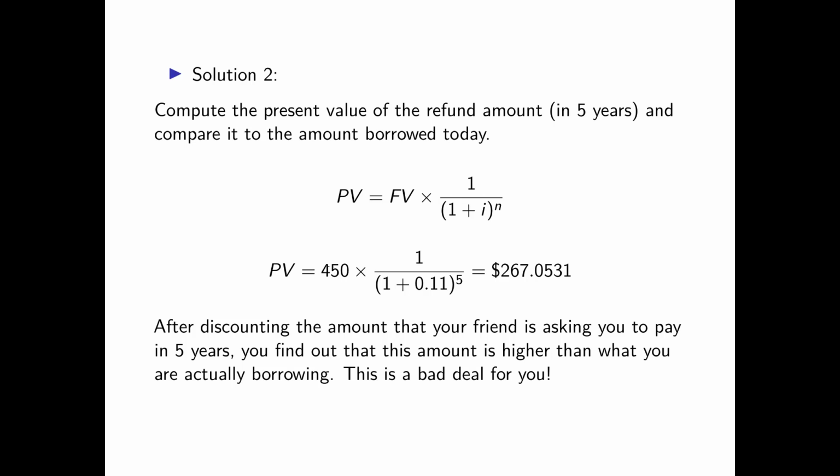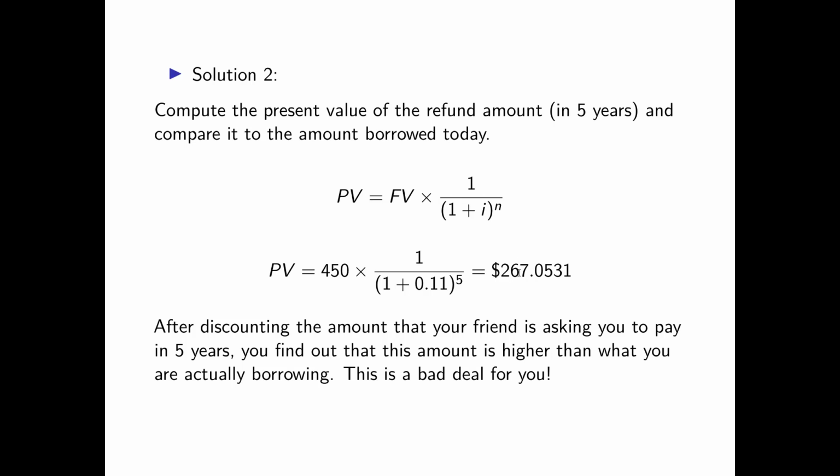So what we can do is use this future value and discount it to the present. Find out what it is worth today. When we do that, again, using 11% in 5 years, we realize that $450 that we are meant to pay back in 5 years are actually worth $267 today. Meanwhile, we are only borrowing $250.